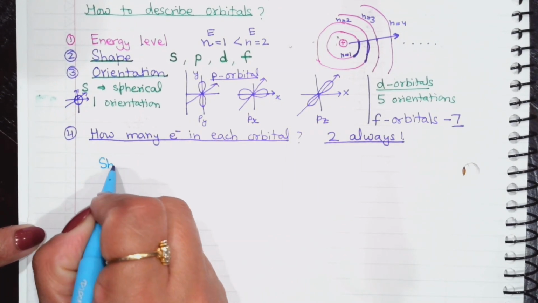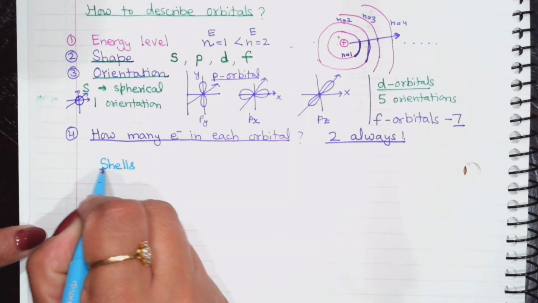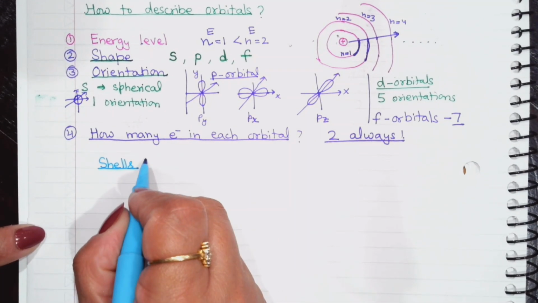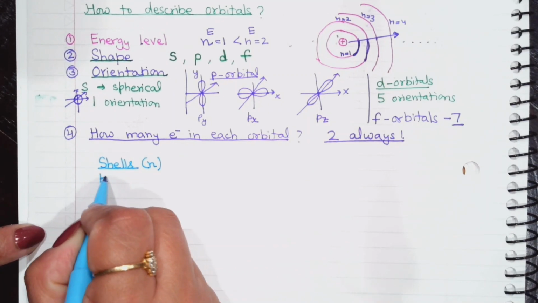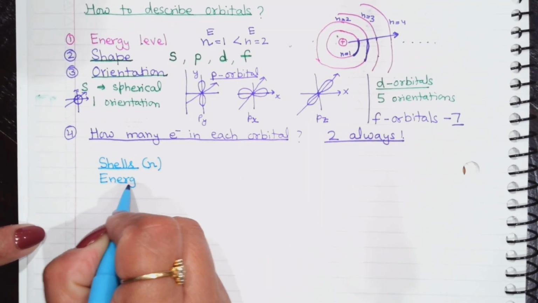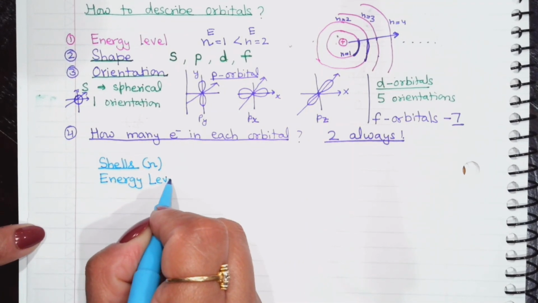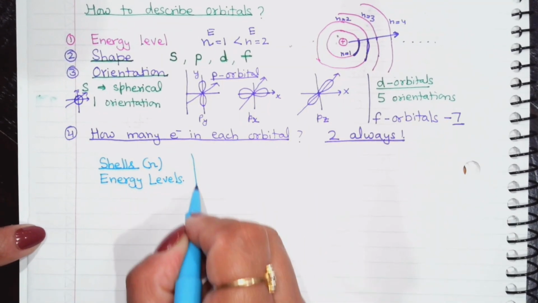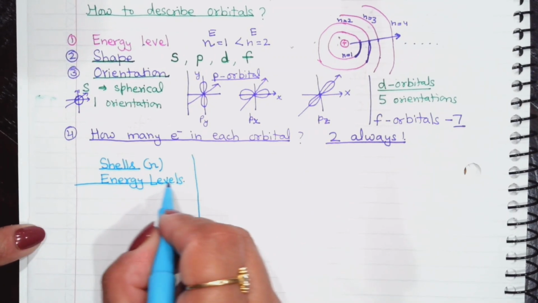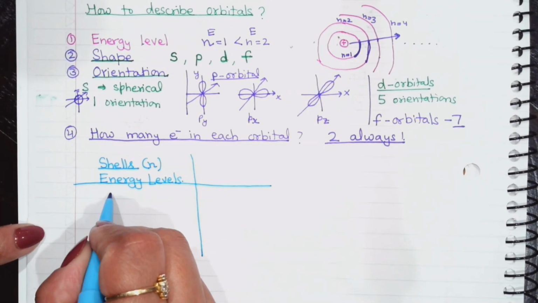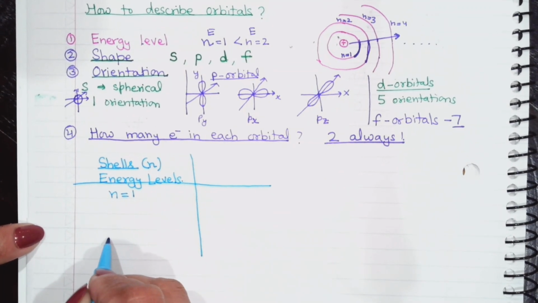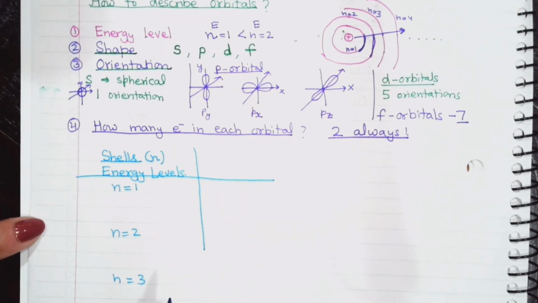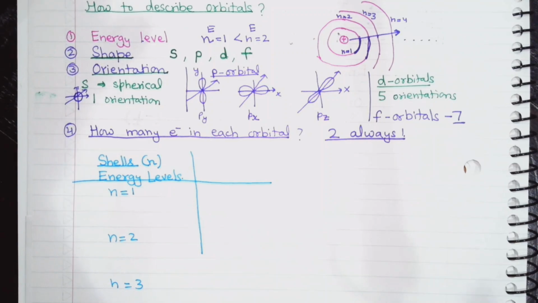Now the shells are represented by the symbol N, also known as energy levels, right? So we can have different shells, different energy levels, N equals 1, then N equals 2, then N equals 3, and so on, right?